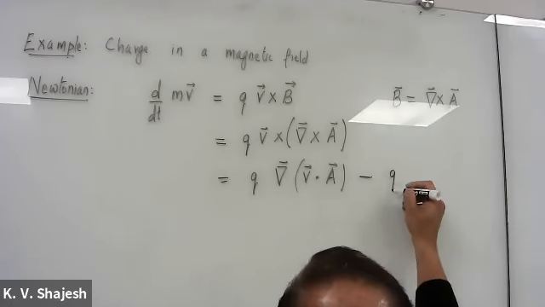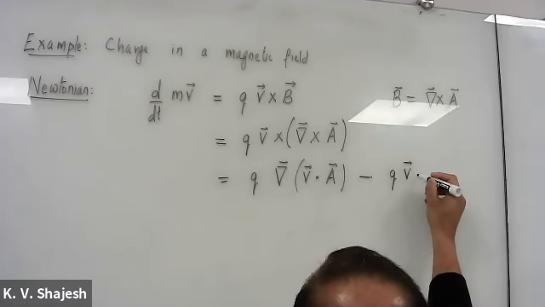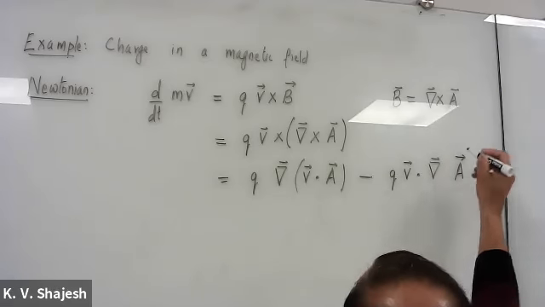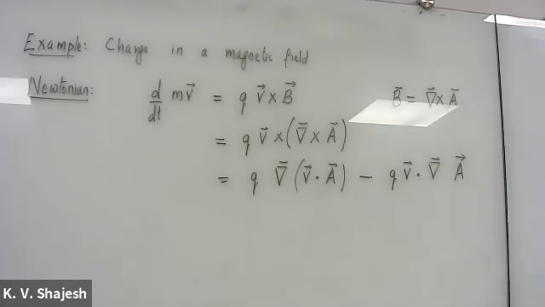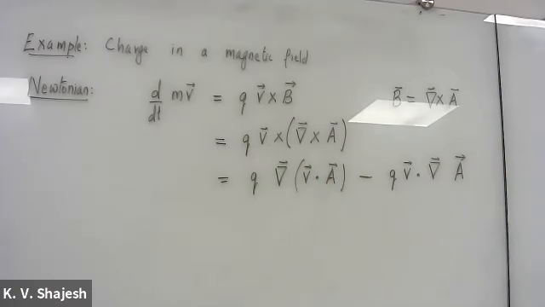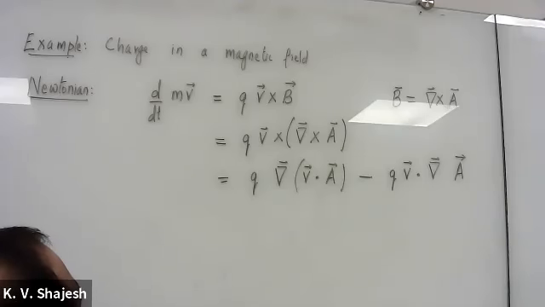Minus Q times V dotted with the gradient operator of the vector potential A. Let me move this onto the left, and maybe I should clarify this a little bit.